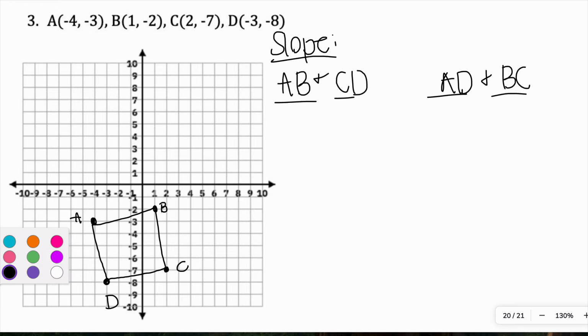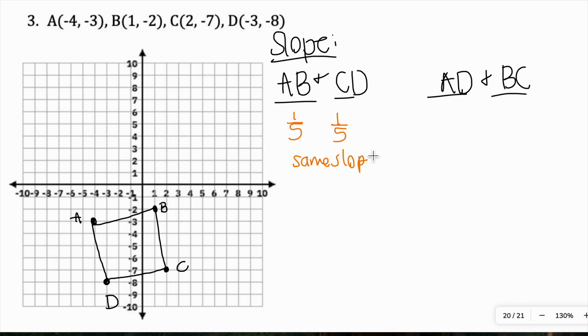Okay, from A to B is rise 1, run 1, 2, 3, 4, 5. And then from C to D, up 1 over 1, 2, 3, 4, 5. So I got the same slope here, which means parallel. Okay, then for AD and BC, I'm down 1, 2, 3, 4, 5 over 1.